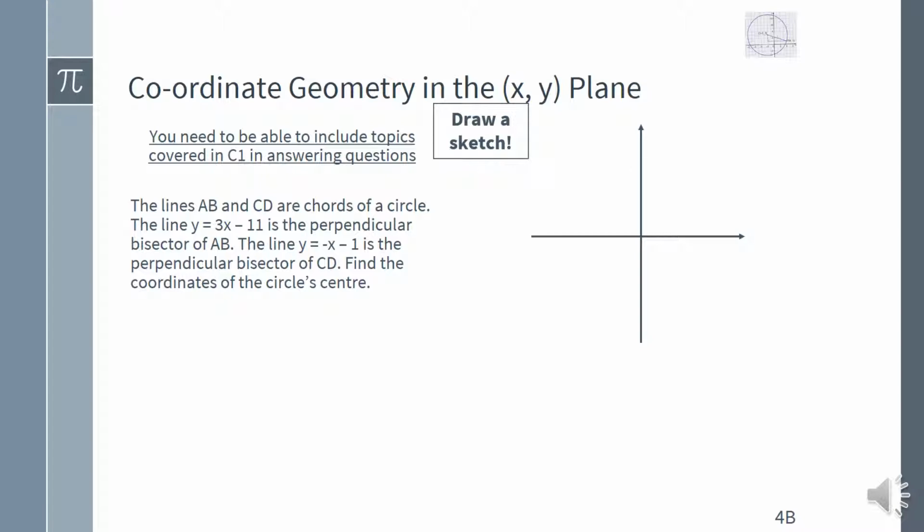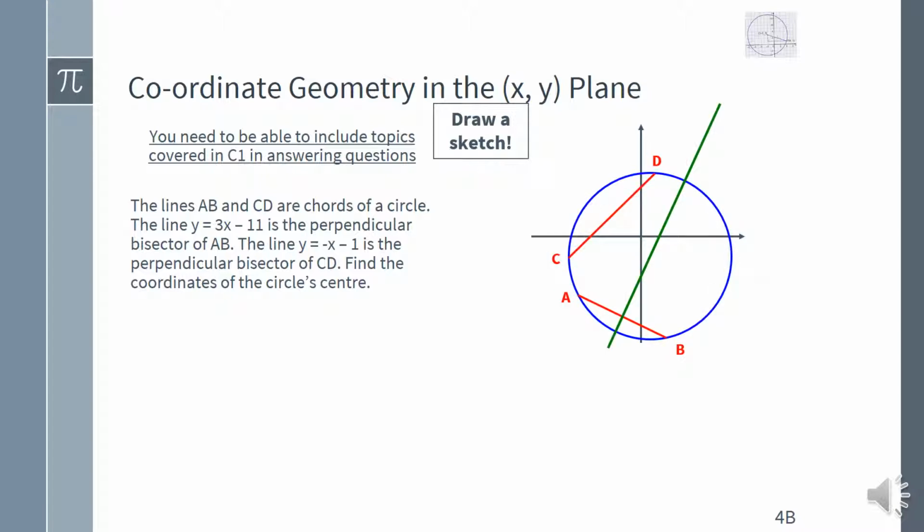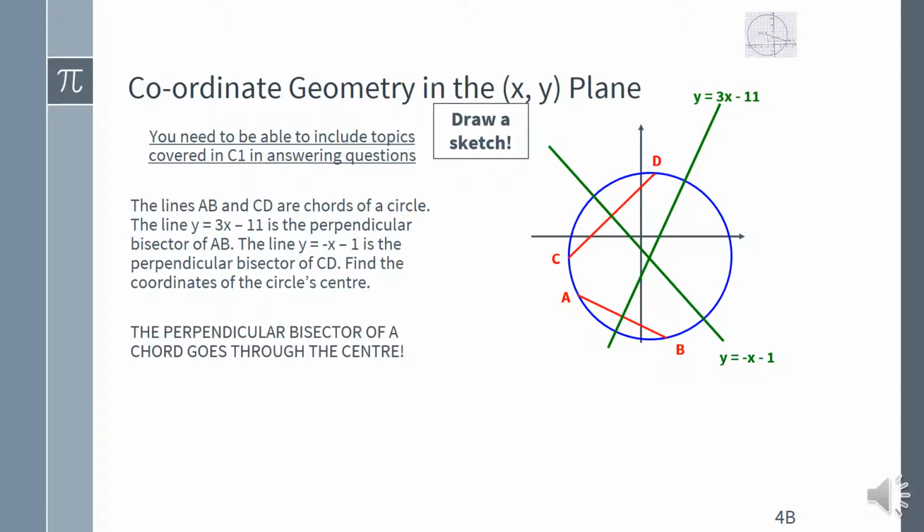Draw a little sketch. There's AB, there's CD, there's the perpendicular bisector of AB, y equals 3x minus 11, there's the perpendicular bisector of CD, minus x minus 1, and where they cross over, that is the centre of the circle. So we need to set the bisectors equal and then solve the equation. So 3x minus 11 must be equal to minus x minus 1.